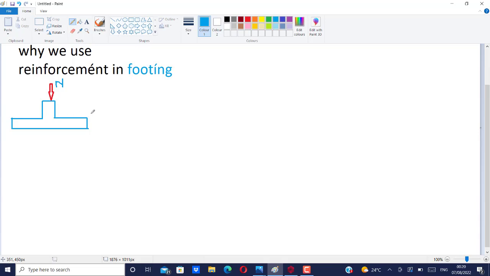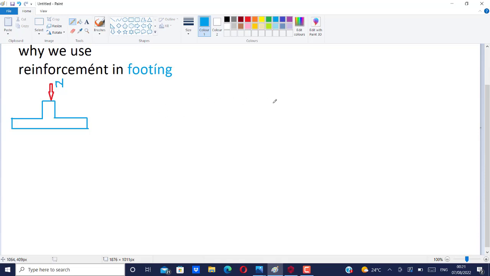Now, there are several ways in which this column can be sitting on this footing. It can sit axially, it can drift away, that is with some eccentricity on this, but whatever way, in our B series class, when we'll be talking about design, we are going to state different footing positions and how we can analyze them.